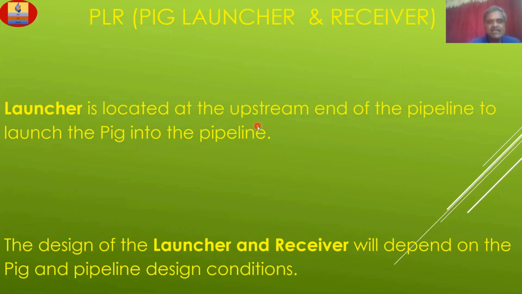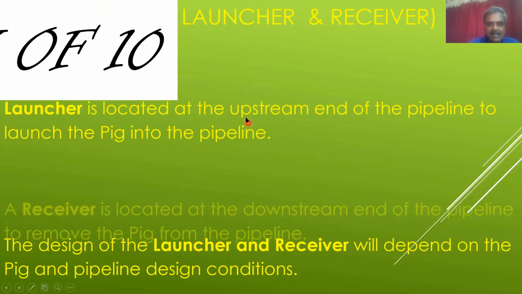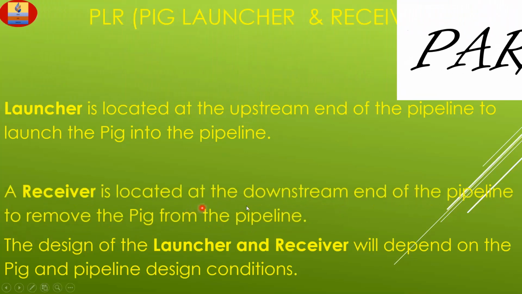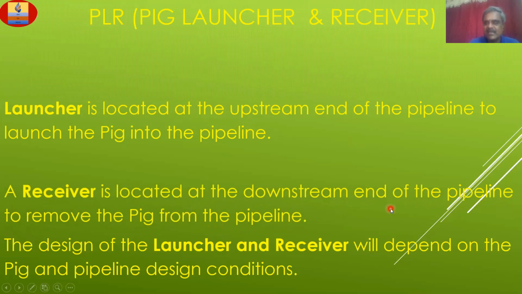Launcher is located at the upstream end of the pipeline to launch the pig into the pipeline. A receiver is located at the downstream end of the pipeline to remove the pig from the pipeline. The design of the launcher and receiver will depend on the pig and pipeline design conditions.